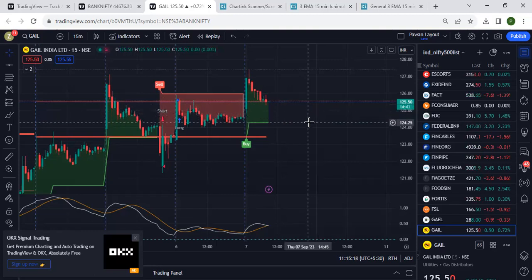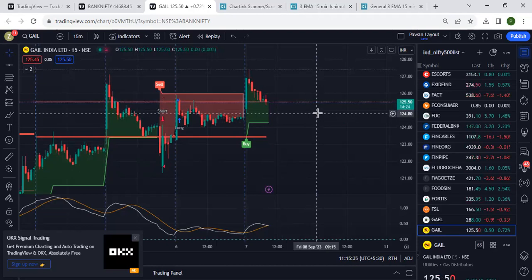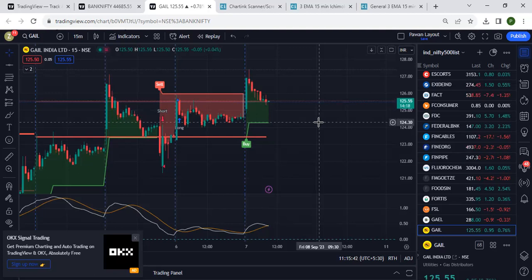Stock is in the bullish zone above 124.25, and unless the stock is traded below this level, there is no negativity in the stock.